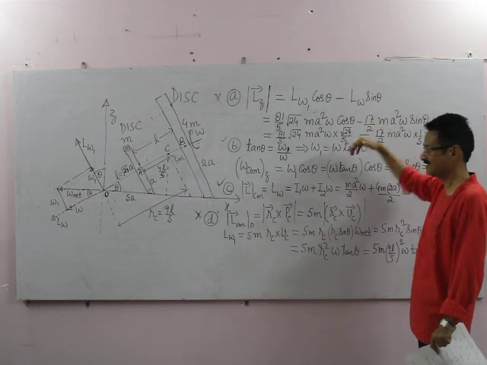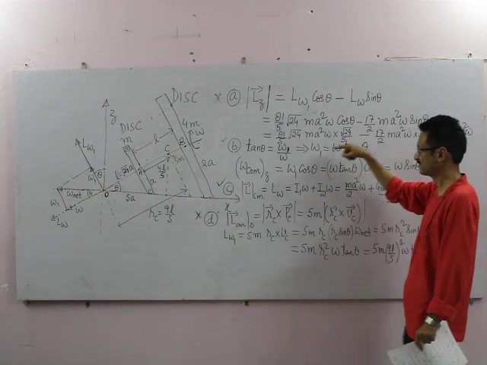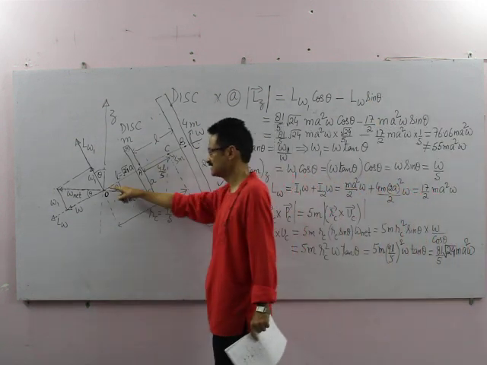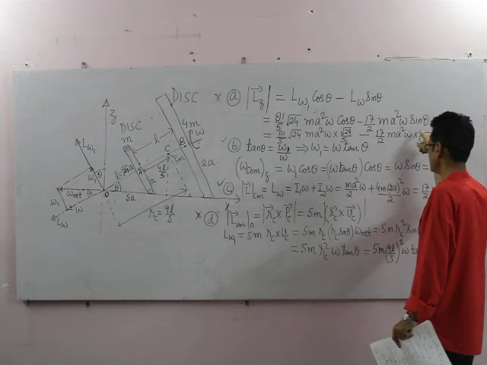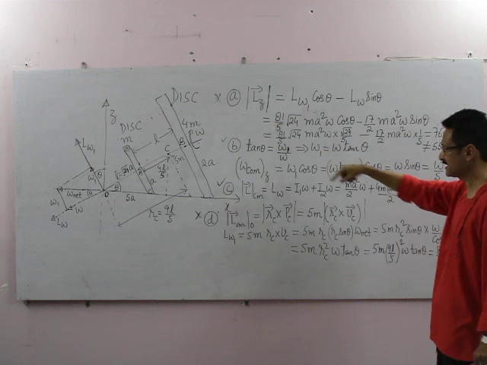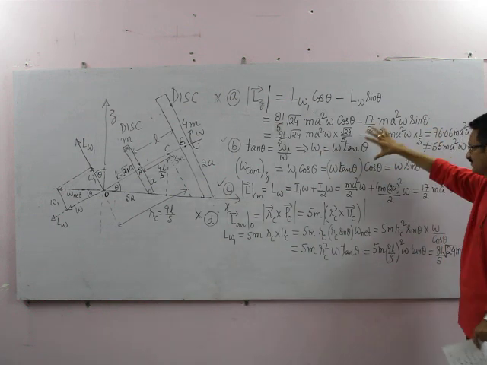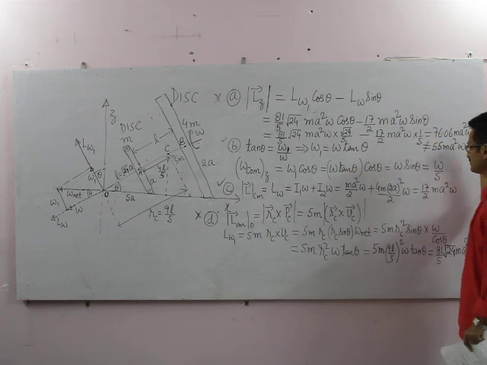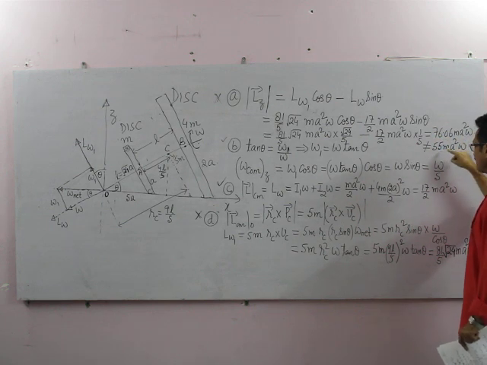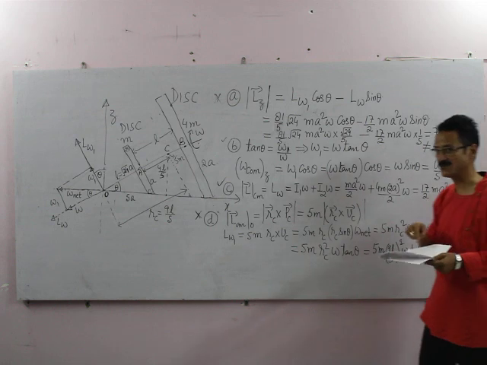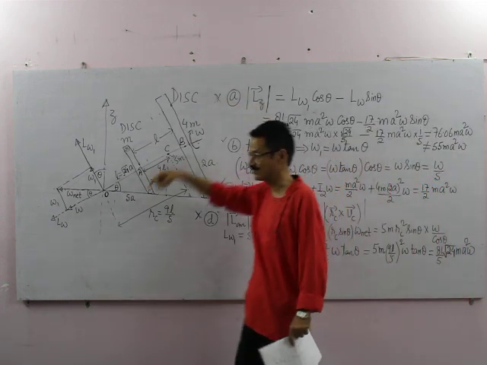After this, we plug in the value of cos theta from that triangle, which is this by this, and the value of sine theta from that triangle, which is 1 by 5. If you calculate this, it eventually turns out to be 76.06 ma square omega and not 55 ma square omega, which is mentioned in the option. Definitely this option is also wrong.